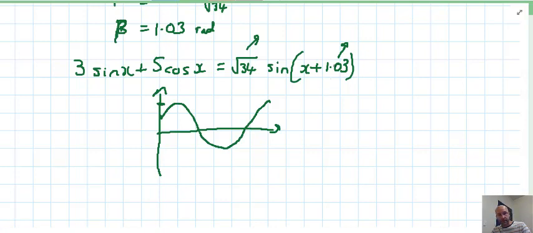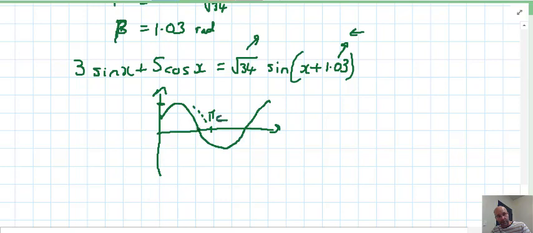Okay, so that means when it would normally go through pi, it goes through pi take 1.03 radians. Sine of pi is 0, so the standard sine wave would go through there, but this one's been phase shifted, so it'll go through about 2.11. Correspondingly, the maxes and the mins and the other zeros get moved. So you need to do the proper curve sketching process if it needed to be justified.